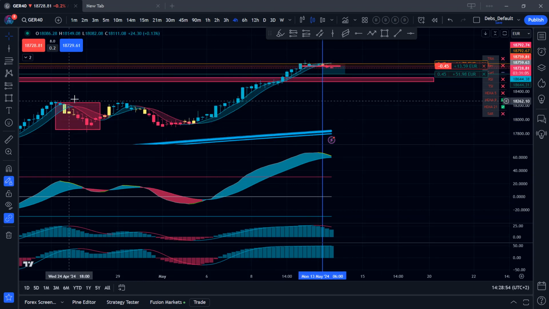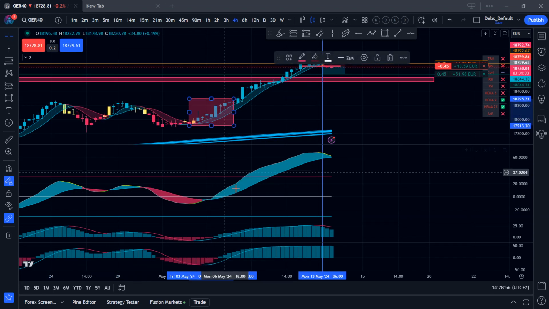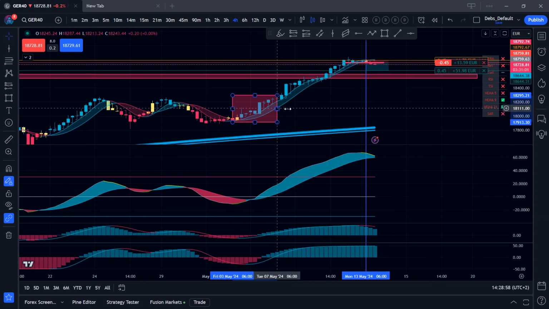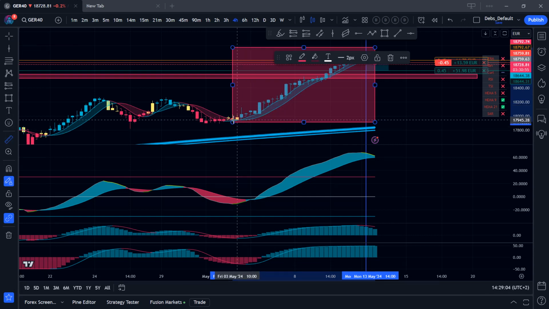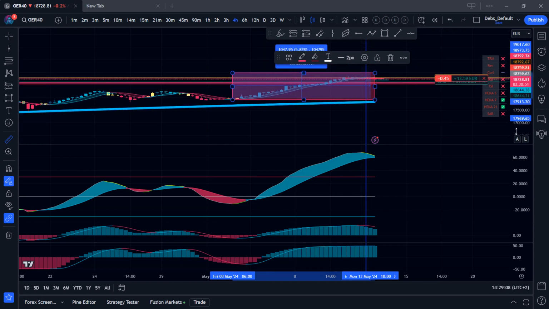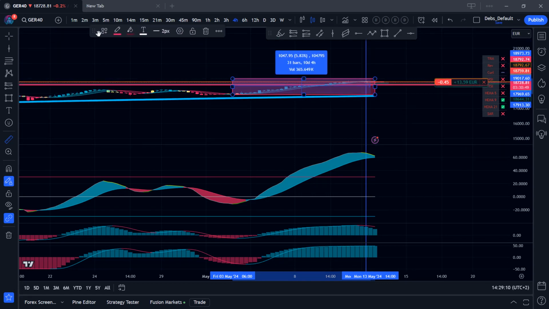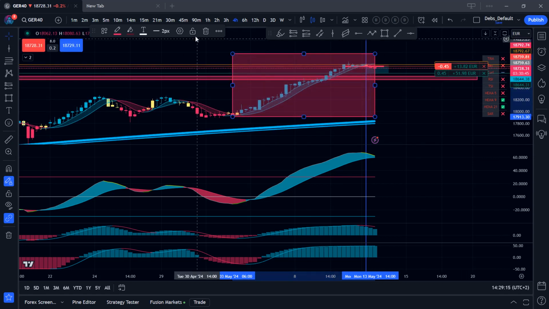You can also trade with the trend if you see that prices continue to go up. Let me just delete this. If you see that prices continue to go up here, as you can see, you can trade with it, because this whole thing right here is like 10 days of price movement, right? So you can trade with it.